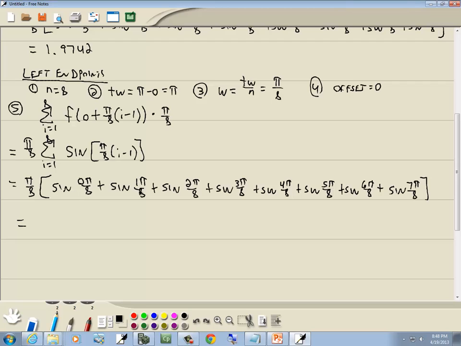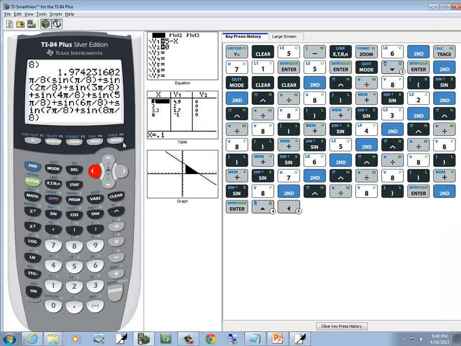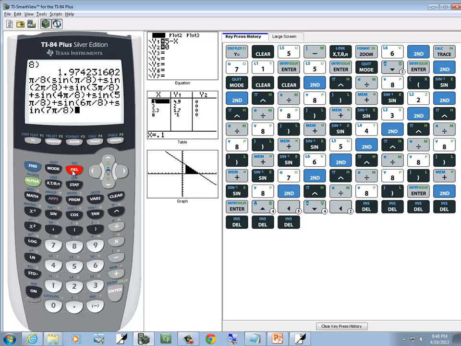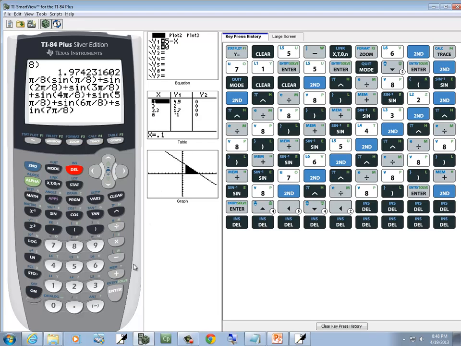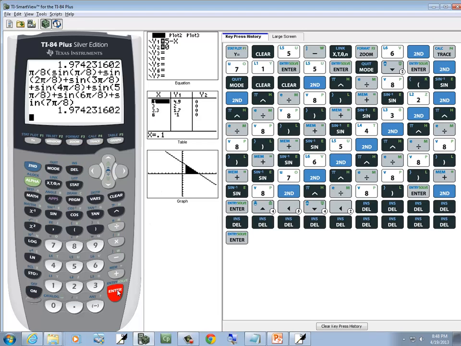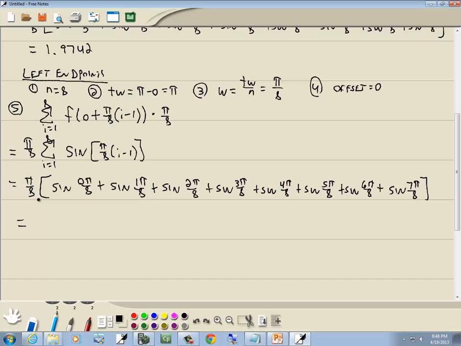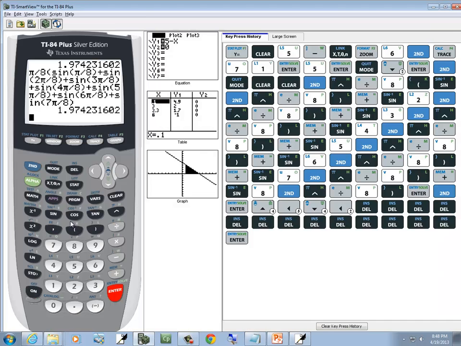So it's actually starting at sine of 1 pi over 8, which is sine of pi over 8, my first one here. And then it's going to have all of these except for the very last one. So it stops at sine of 7 pi over 8. And now press enter. And we get 1.9742.